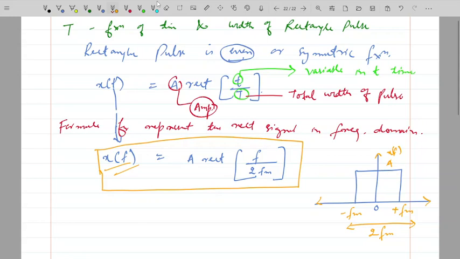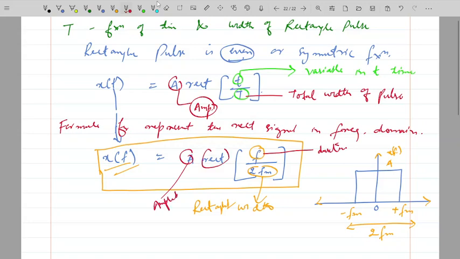Here x of f is the signal for the frequency signal, and 2 times fm is the rectangular width, or we can say the duration, and this is the amplitude.